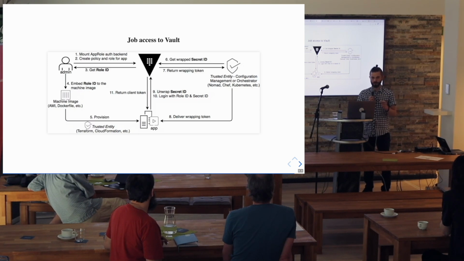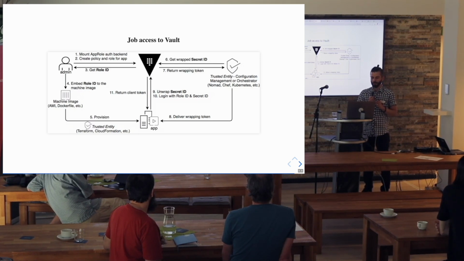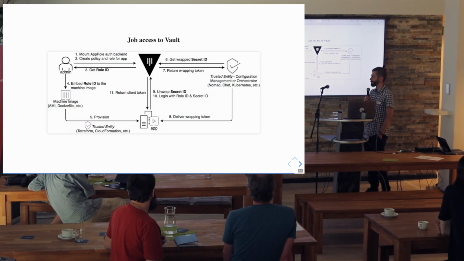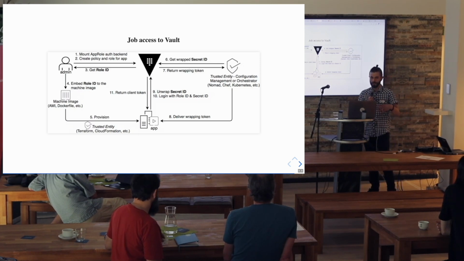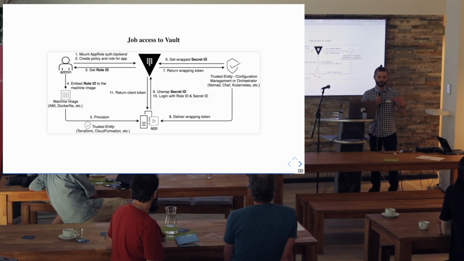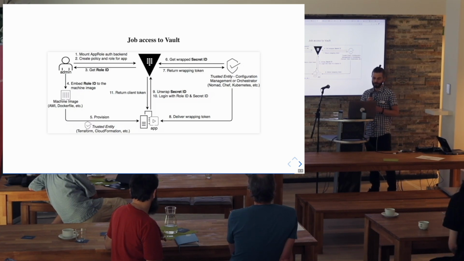Zuul goes to Vault, Zuul requests a secret, maybe a one-time secret or maybe a token, depending on how you configure it in detail. It provides this secret to the job itself, and then the job either has a secret directly, or it is capable of accessing Vault and reading all of the secrets that the job is allowed.